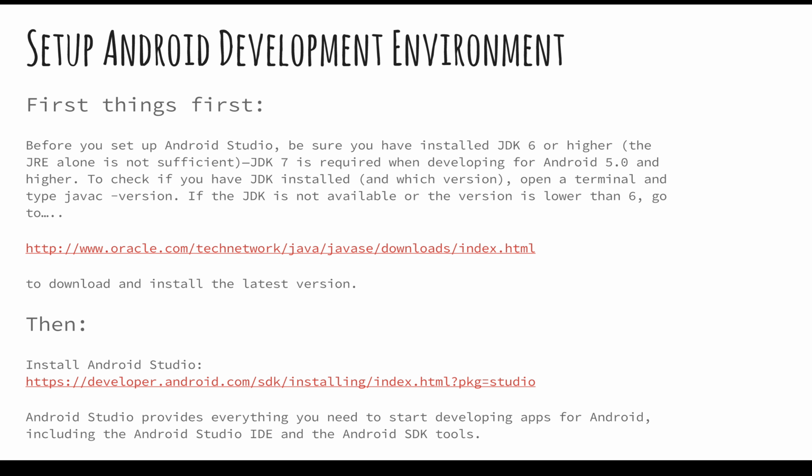Android Studio provides everything you need to start developing apps for Android, including the Android Studio IDE and the software development kits. One of the first things that I do when I install Android Studio is download all the software development kit tools that I might need for the lowest version of the Android OS that I plan to develop for.